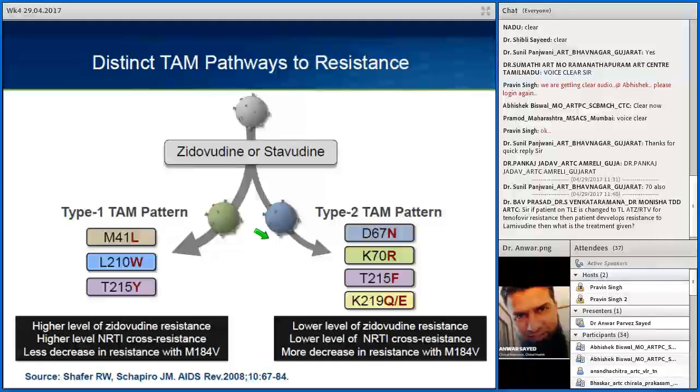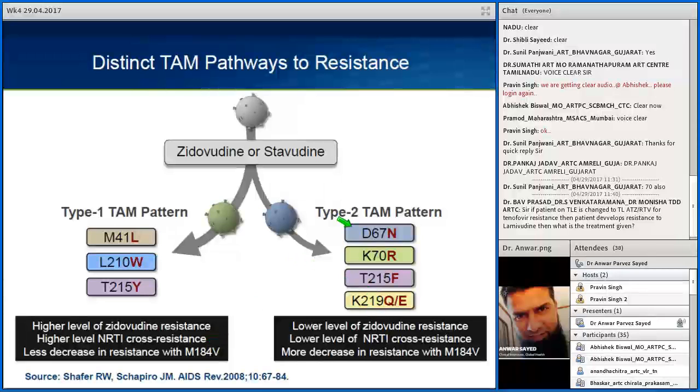This is the type 1 TAM pattern and the type 2 TAM pattern. If they follow the type 1 pattern, that is first this mutation, then this, and then this, there will be high level zidovudine resistance, higher level NRTI cross resistance, and less decrease in resistance with M184V. That is, even if you use lamivudine in the second line, it may not be useful in comparison with this.